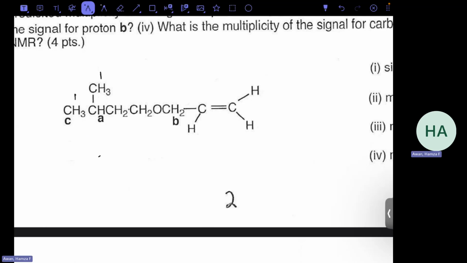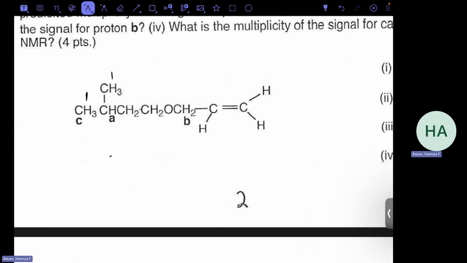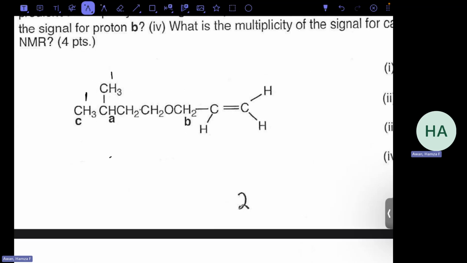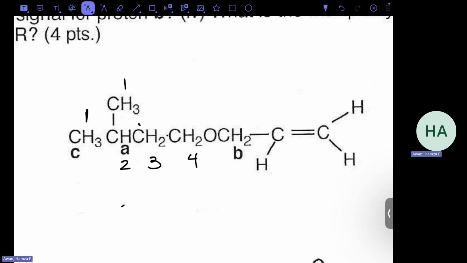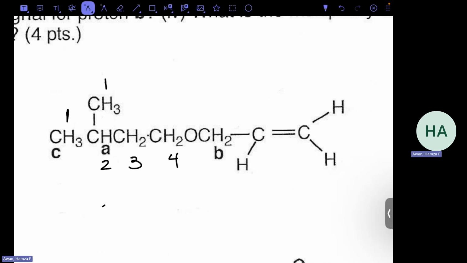We have two identical hydrogens, so those are both going to be labeled number 1. Then the hydrogen attached to the A, number 2, going on to 3, 4, because this CH2 and this CH2 are in separate environments. This CH2 is attached to a CH, while this CH2 is attached to the O and the CH2. So that's 4.